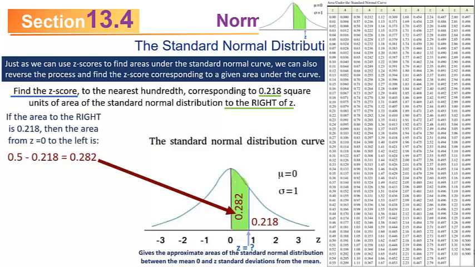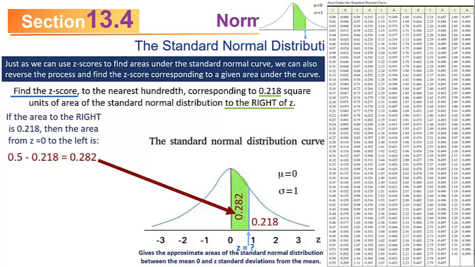And we know because of symmetry that there's half the area from 0 to the right, so if we take 0.5 and subtract away the 0.218 to the right, that tells us immediately the area from 0 to that unknown z value has to be 0.282 because 0.5 minus 0.218 is 0.282. That gives us the information we need to go to the table.